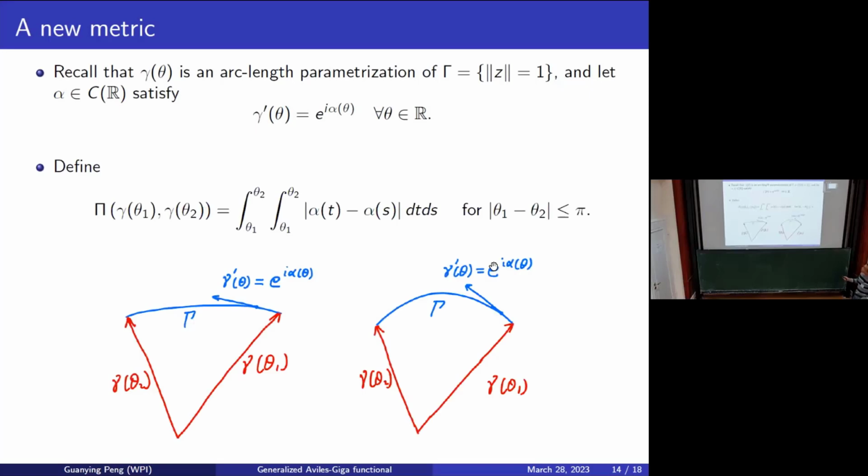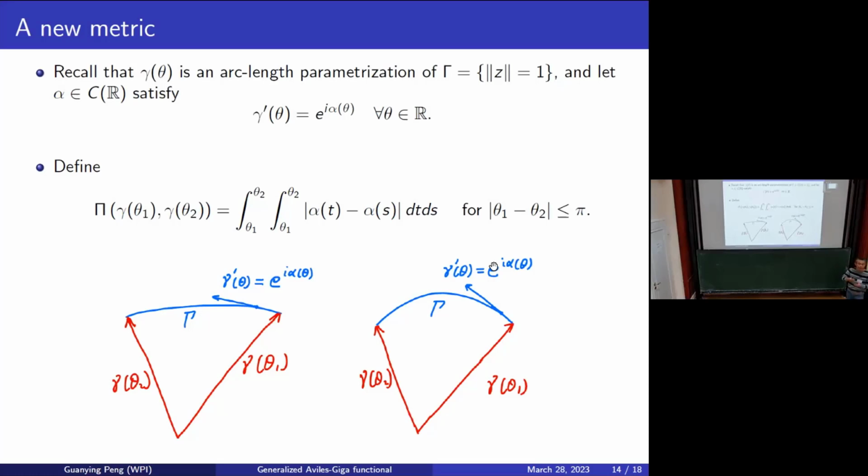And then let's introduce this quantity pi acting on gamma of theta 1, gamma of theta 2, so 2 points on the unit circle of this norm, to be this double integral. So for both variables, it's integrating between theta 1 and theta 2. And then we're integrating the absolute value of alpha of t minus alpha of s, in dt ds, where alpha is this phase function. So this quantity pi can be viewed as a metric to count the jump between these two values, gamma of theta 1 and gamma of theta 2, living on the unit circle of the norm.